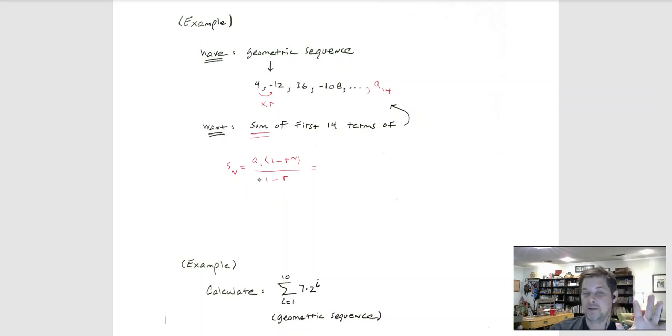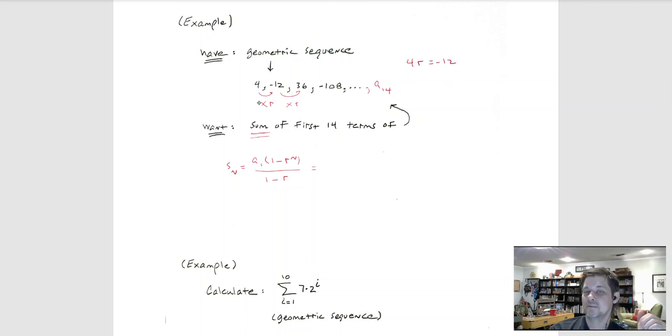So look, I need to know what r is. Since this is geometric, 4 times r gets you negative 12, and negative 12 times r gets you 36. It doesn't matter which pair of these numbers you focus on, just realize that that's how it works.